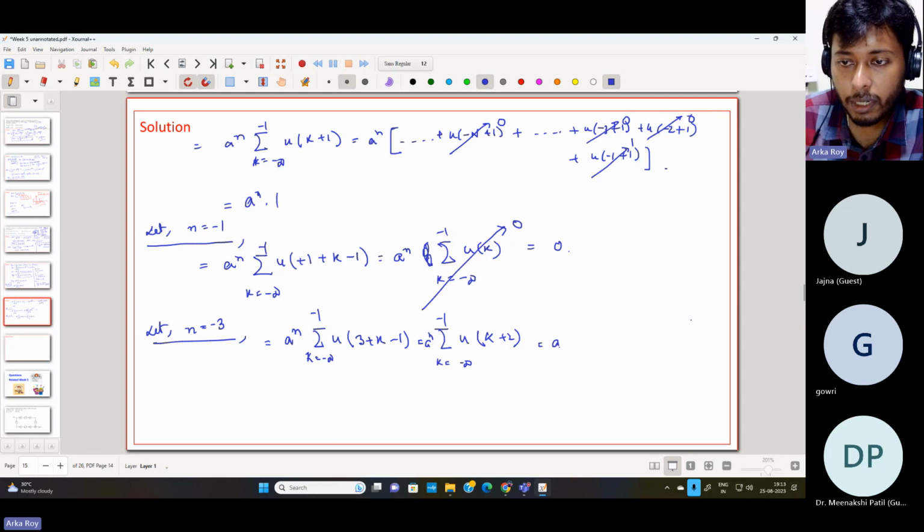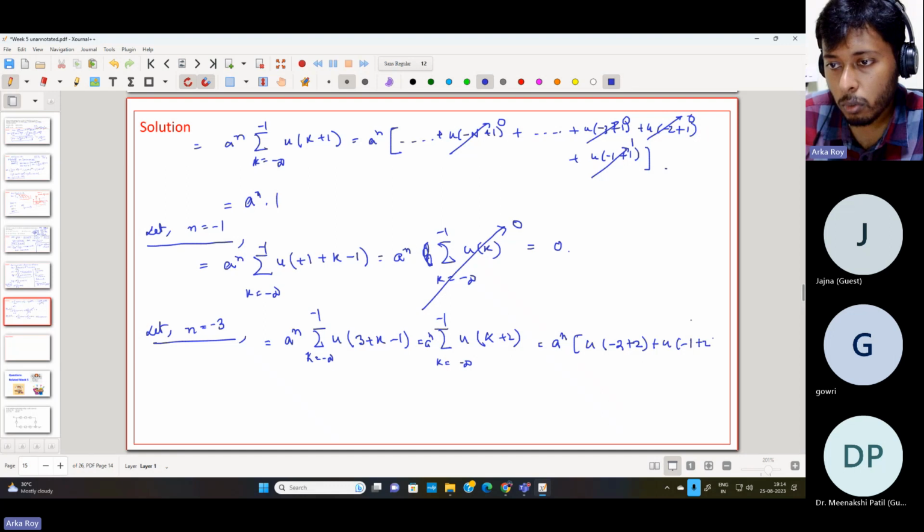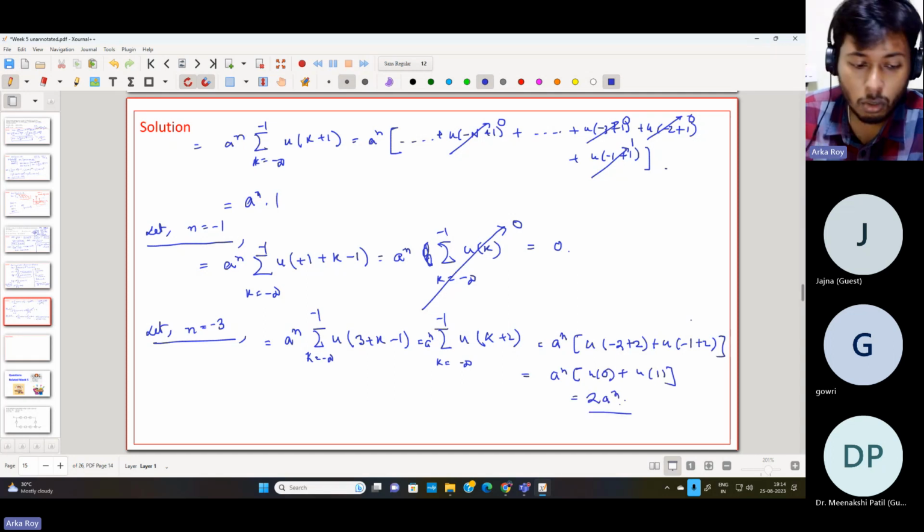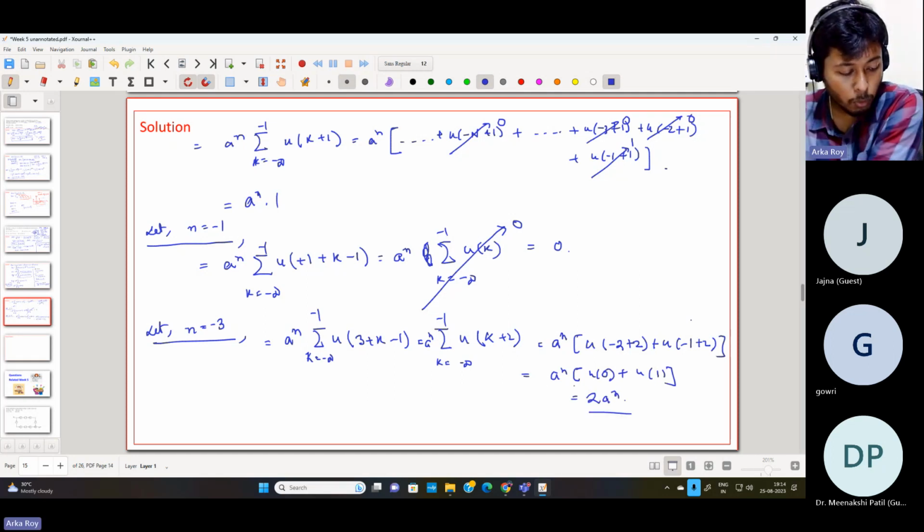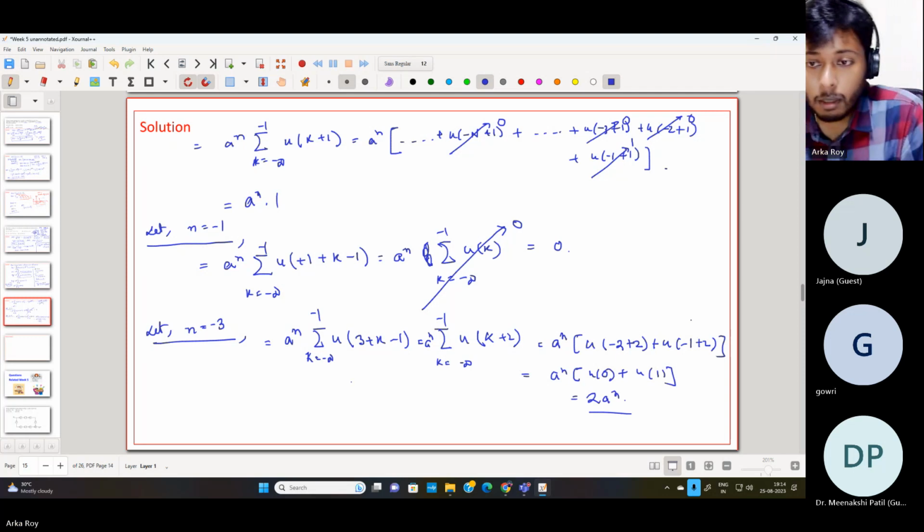So therefore it will be a to the power n, u of, the value exists at this particular location, and all other places it will be 0. So u of minus 1 plus 2. So a to the power n, so it will be u of 0 and it will be u of 1. And at both the places the output is 1 and 1, so 2 into a to the power n. So this is what the output looks like over here.